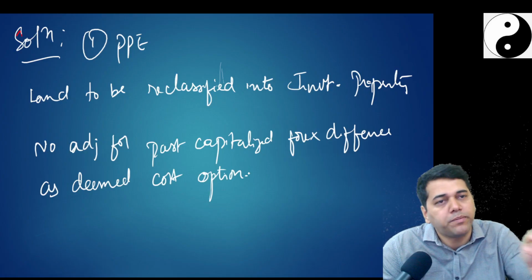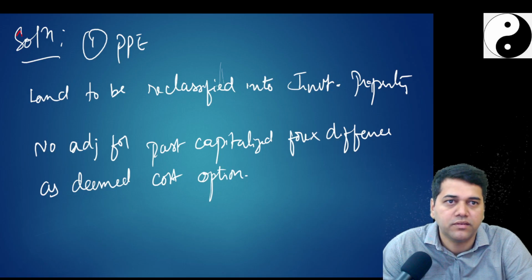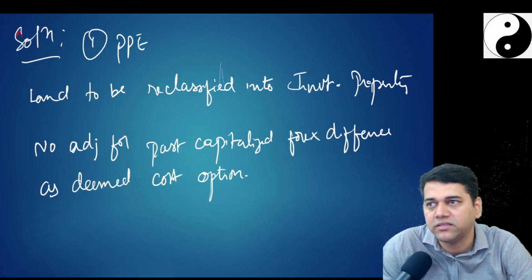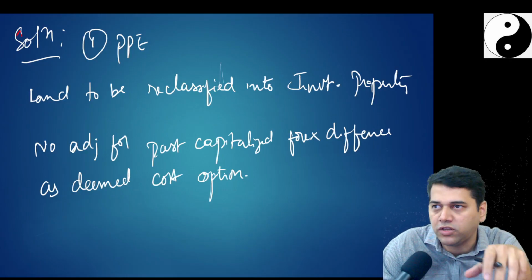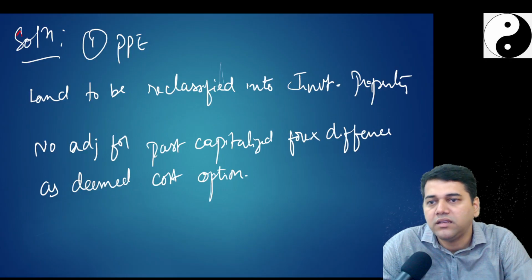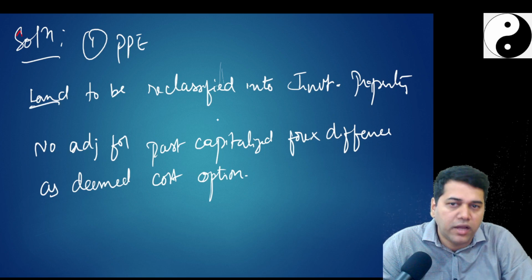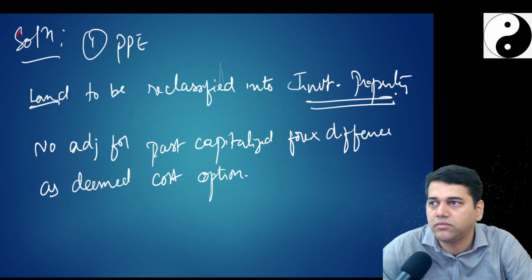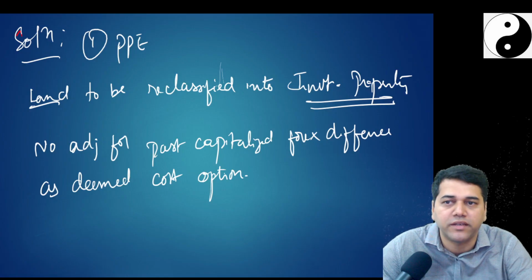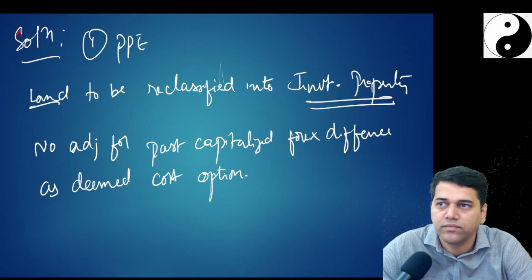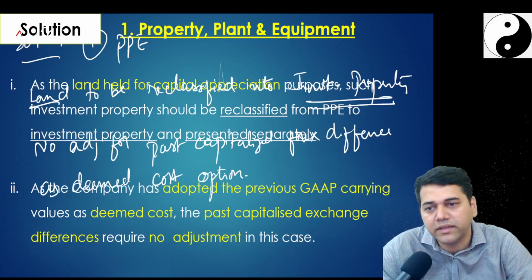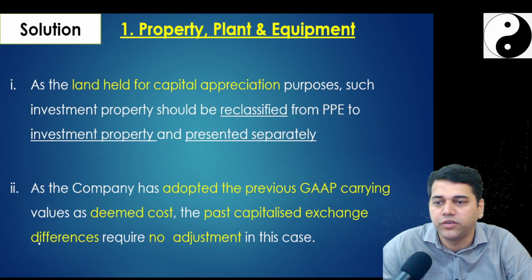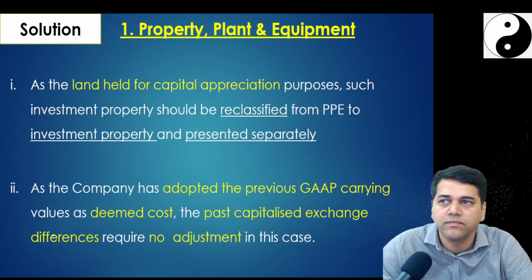Since you have opted for deemed cost, like take the previous balances as they are, there is no adjustment required for that. And the land, what you have, should be reclassified into investment property. That's it. Because you cannot simply prepare a balance sheet, you have to explain. It's more like notes. Maybe in the exam you can write with proper English like what I have shown you here.